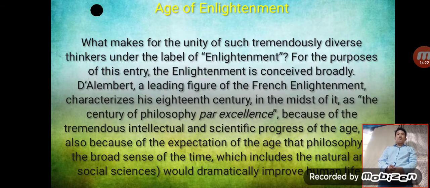D'Alembert, a leading figure of the French Enlightenment, characterized his 18th century as the century of philosophy par excellence, because of the tremendous intellectual and scientific progress of the age, and also because of the expectation of the age that philosophy, in that broad sense of the time, which includes the natural and social sciences, would dramatically improve human life. So D'Alembert guided the characterization of his century.